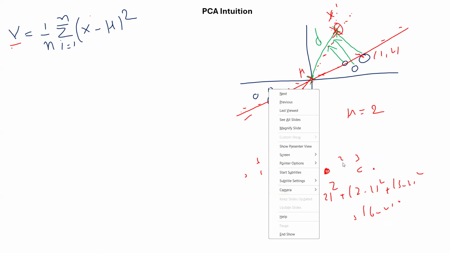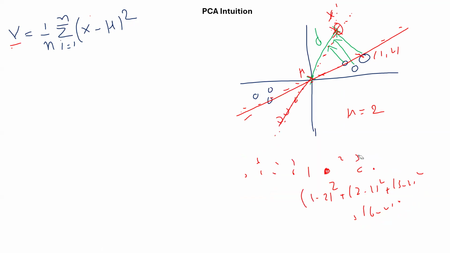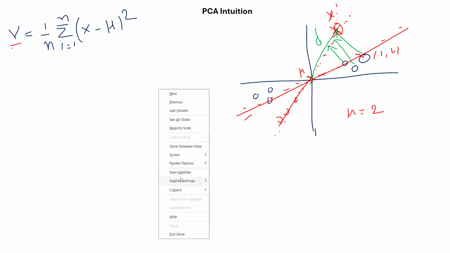Is that still not clear? You're just trying to find out the variance of the projected points, and that variance is increasing when it is approaching the best fitting line. So when you calculate the variance, the formula is 1 by n, sigma i equal to 1 to n, xi minus mu whole square. Now what will xi become?